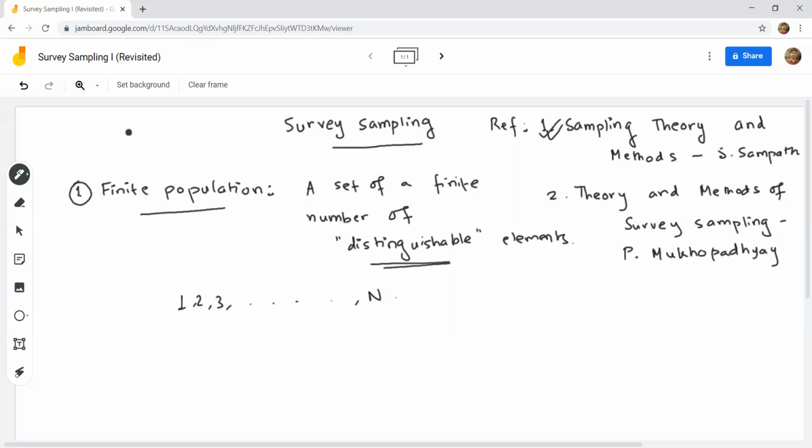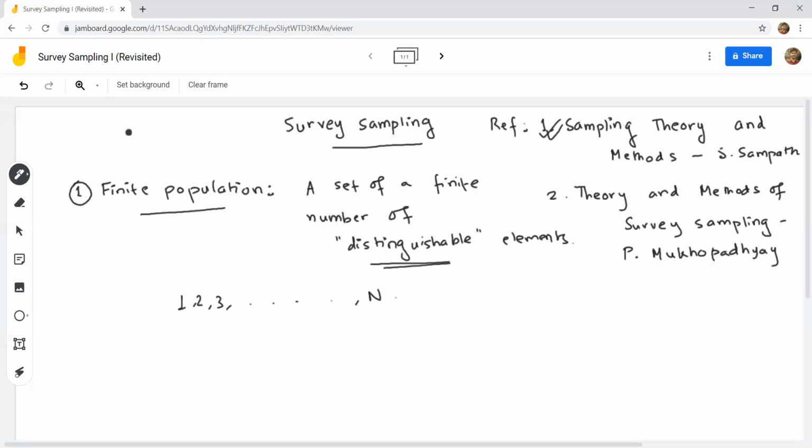That number basically identifies that person. So that is called a distinguishable element. For a finite population, you can identify each of its elements by a particular number, which I numbered as 1, 2, 3 up to N.